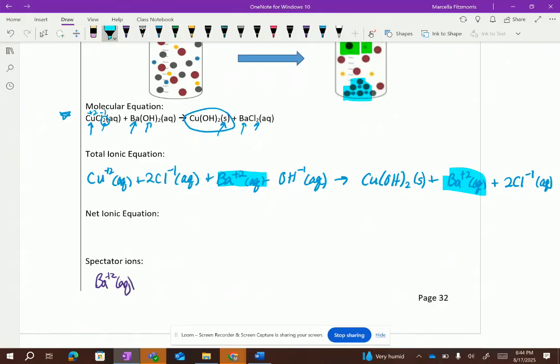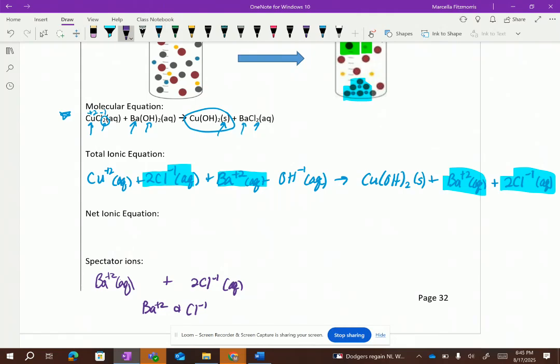We also have 2Cl -1 aqueous, 2Cl -1 aqueous. That's also a spectator. And I can say that Ba +2 and Cl -1 are my spectators. And that would be an acceptable way of writing this answer as well.